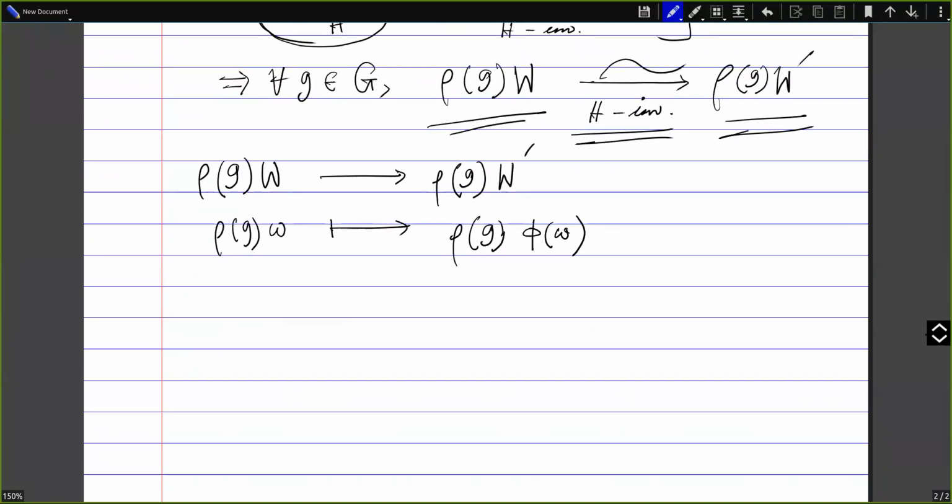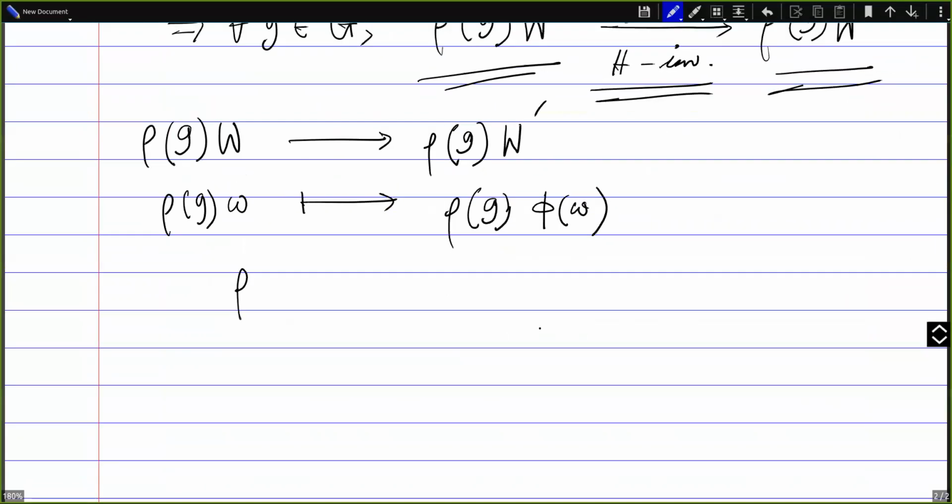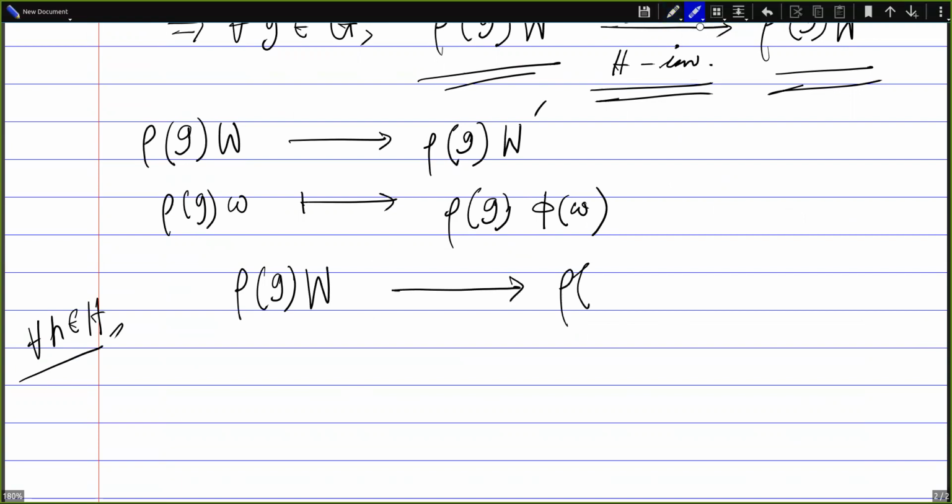Now we will show that this is in fact H linear. For that, let's observe the commutative diagram. For every h in H, observe that we have the following commutative diagram.